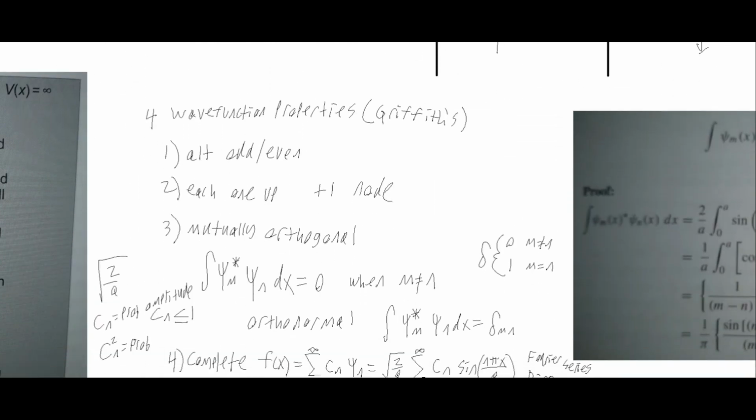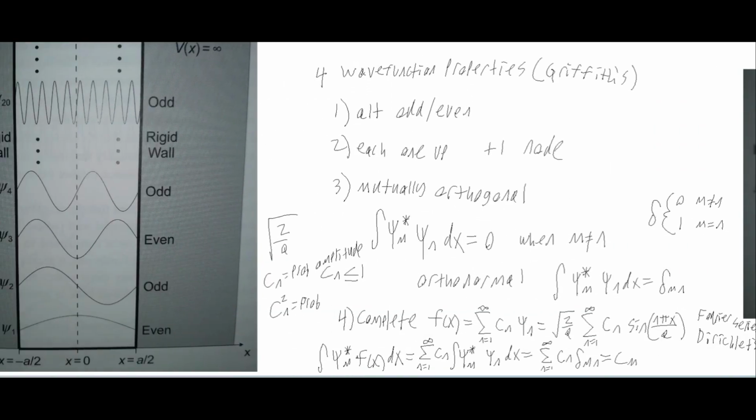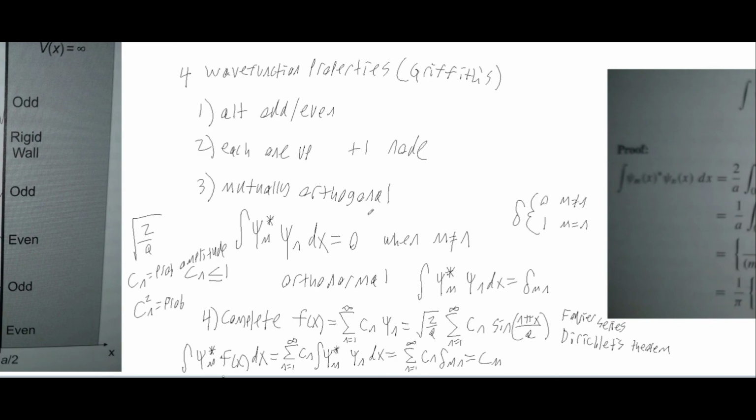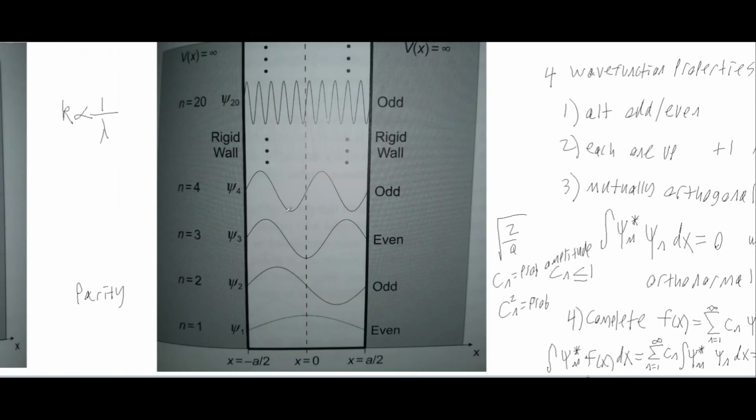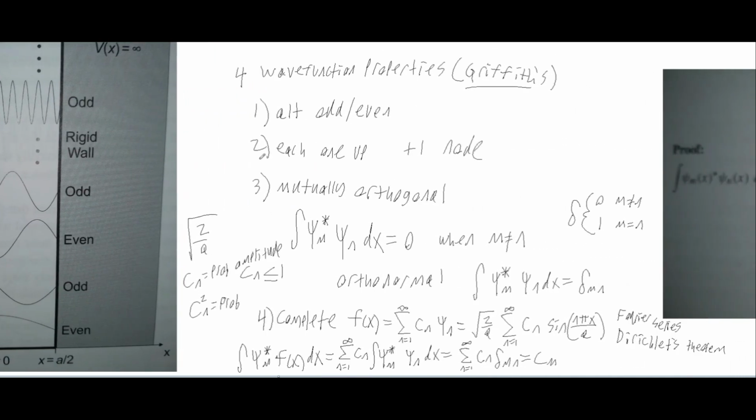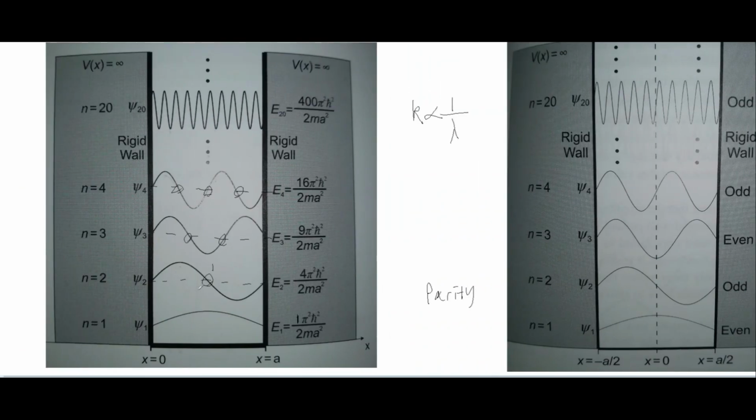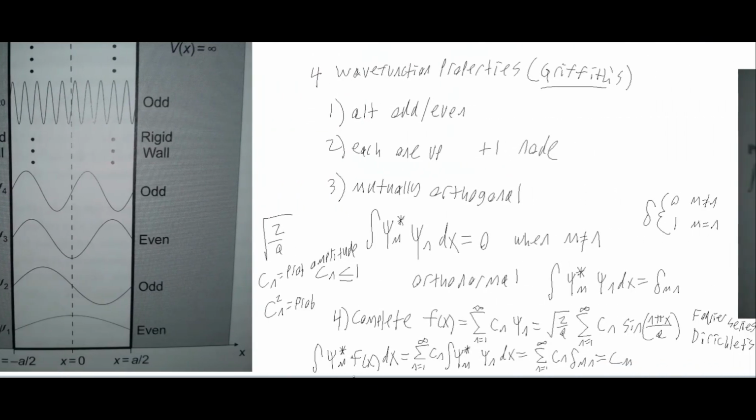Just to reiterate the four wave function properties from Griffiths. We have this alternating odd and even parity, which I showed right here. This picture is from the Student's Guide to the Schrodinger Equation. Each of them has another node. Every time we go up in energy level, we add another node onto it.